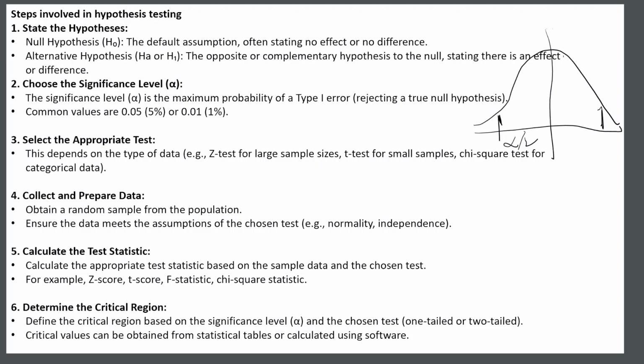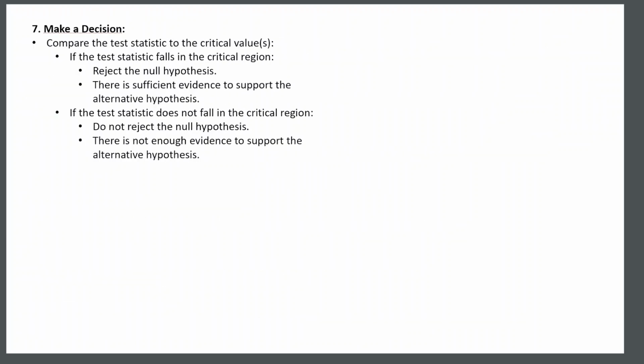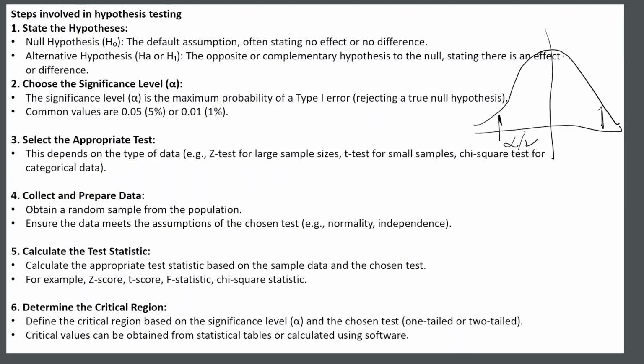Then determining the critical range, as I specified, based on the one-tailed or two-tailed test, we specify the significance level values. Then make a decision, compare the test statistic to the critical value, and the critical value we can also specify based on the significance level or p-value.